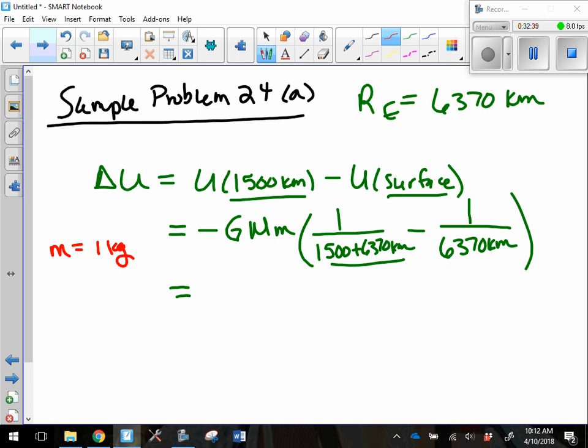Okay. I believe that the mass of the Earth, we'll call it, it's not quite true, 6 times 10 to the 24th kilograms. It's like 5.998, but that's close enough. Okay. And then you know that G is 6.67 times 10 to the negative 11th newton meters squared per kilogram squared.